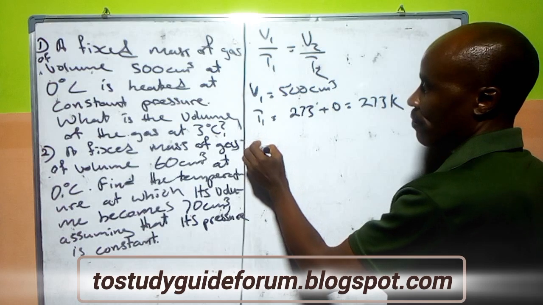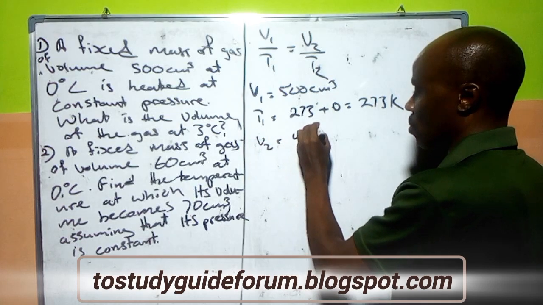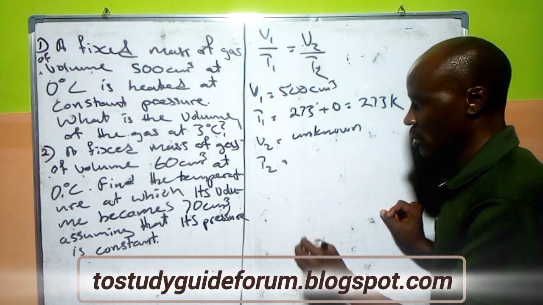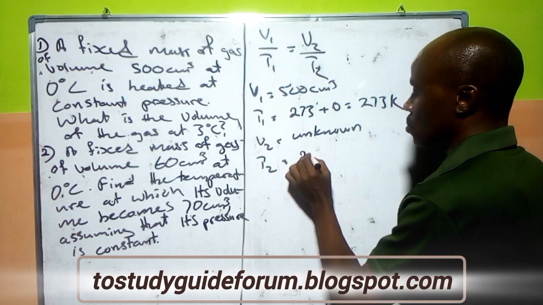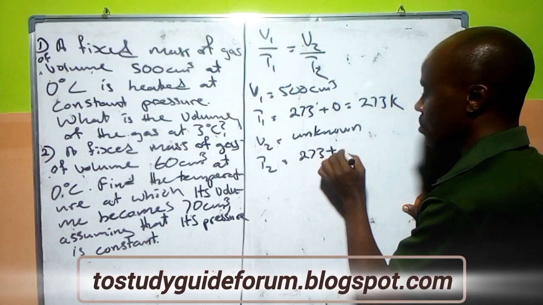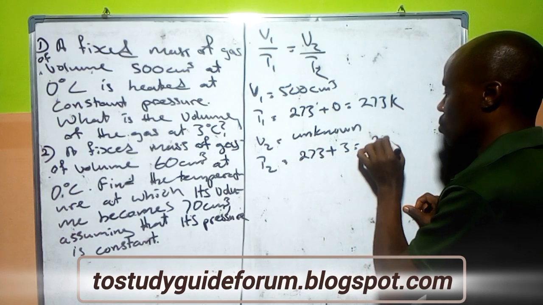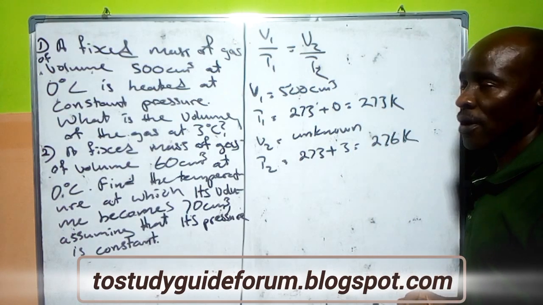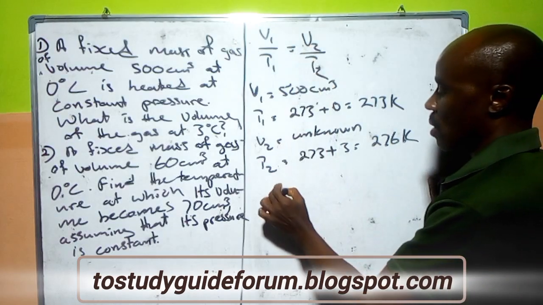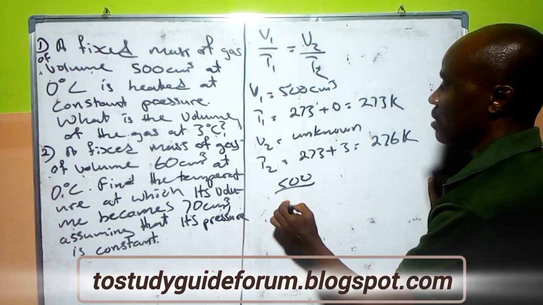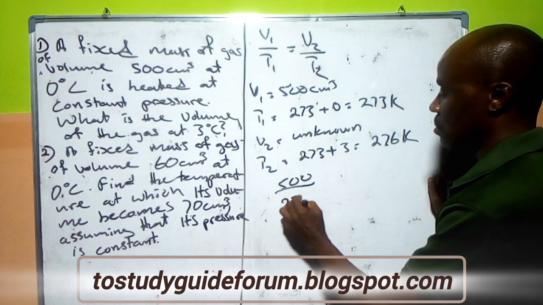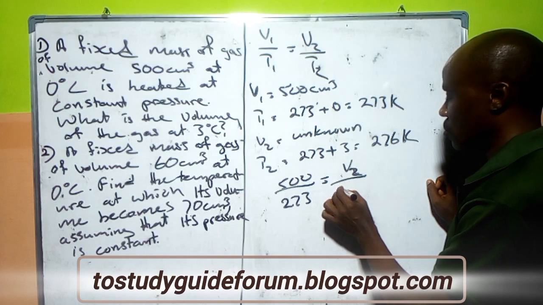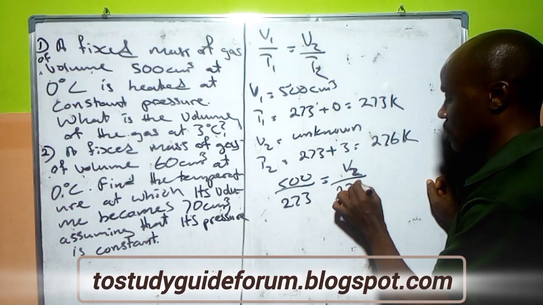Our V2, the volume we are looking for, is unknown, and the second temperature T2 will be 273 plus 3, which gives us 276 Kelvin. Now we can easily apply our formula. V1 is 500, T1 is 273, equal to the new volume V2 over the new temperature, 276.